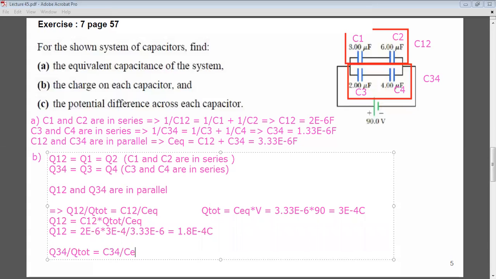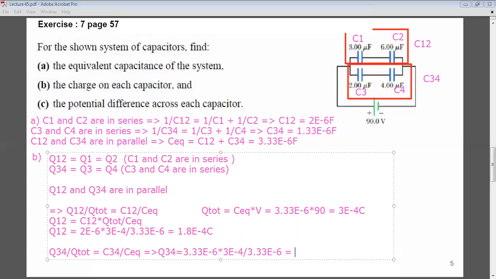I do the same thing for Q34 because Q34 over Q total equals C34 over C equivalent, which implies Q34 equals Q total times C34 over C equivalent. So it's C34, which is 1.50, times Q total, which is 3 e to the minus 4, divided by C equivalent, which is 3.33.